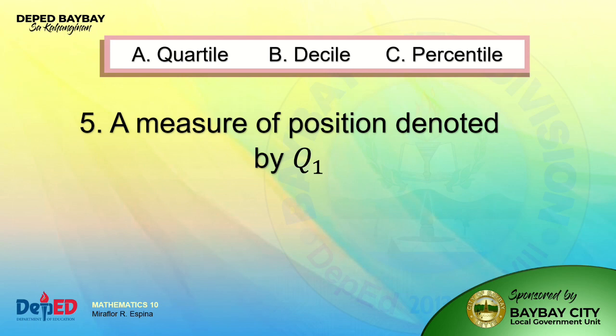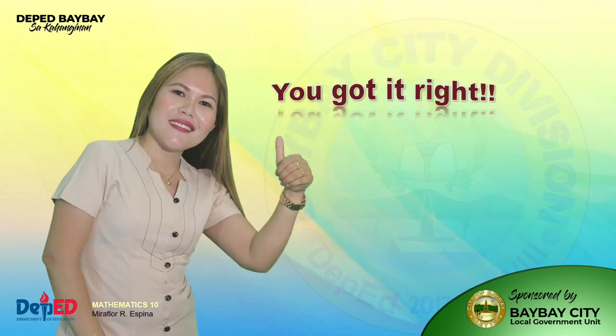Last but not the least, number 5. A measure of position denoted by Q sub 1. Your time starts now. Alright, time's up. The correct answer is A. Congratulations! You got it right!